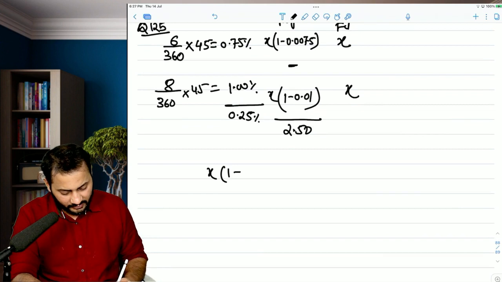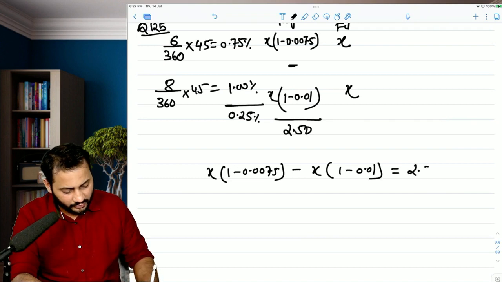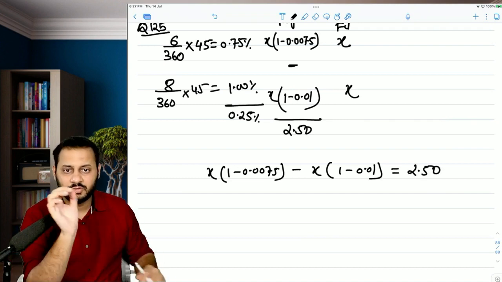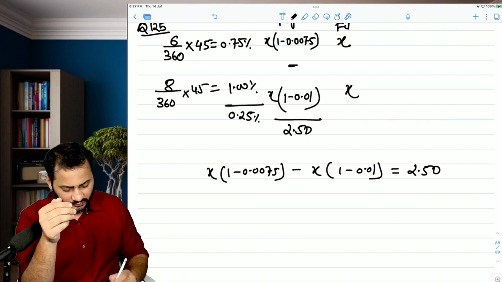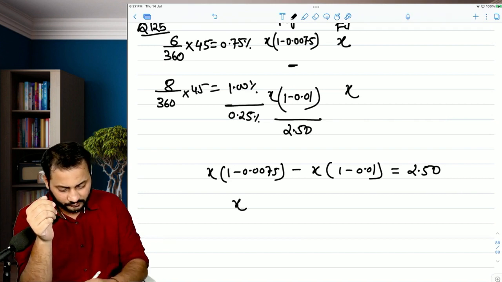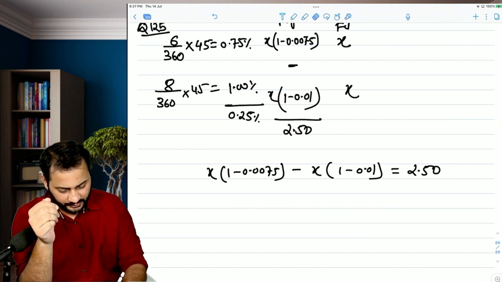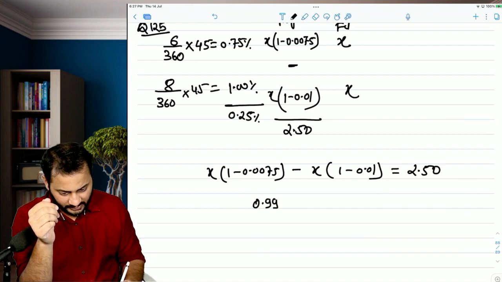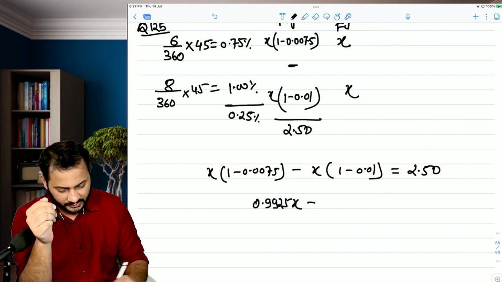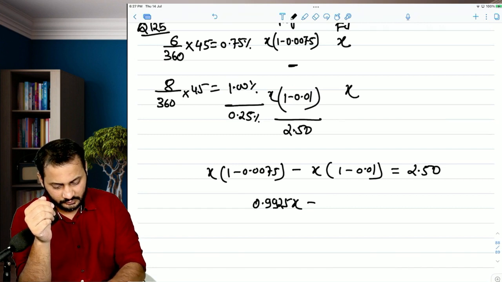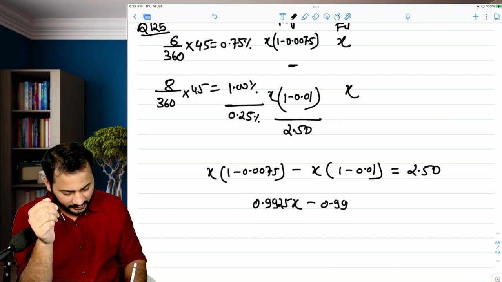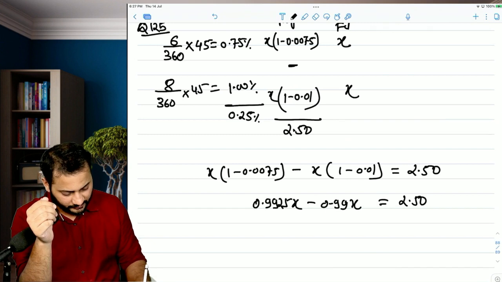X in bracket 1 minus 0.0075 minus x in bracket 1 minus 0.01 should be equal to 2 rupees 50 paisa. Let's solve it. This is x times 1 minus 0.0075. So this is going to be 0.9925x minus 0.99x is equal to 2 rupees 50 paisa.